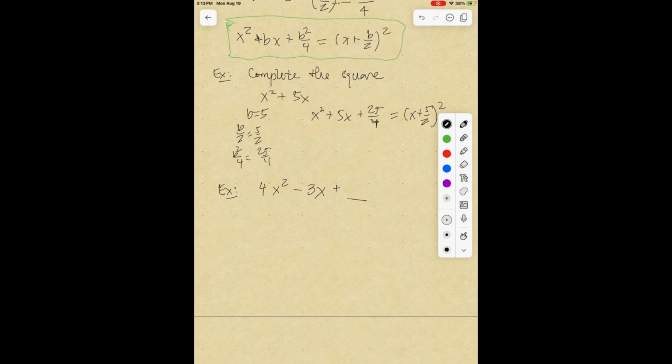I don't want to use a, because a usually is what's being multiplied by x squared. So let's use e. So you have ex plus c. Well, when you square that, let's just write it out.